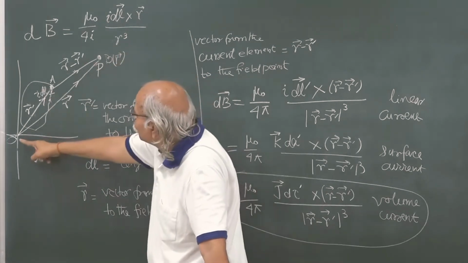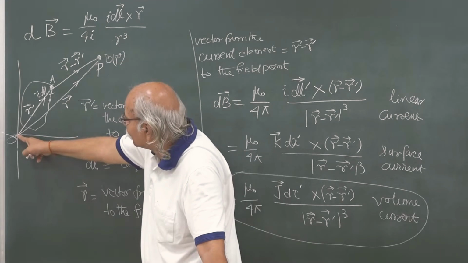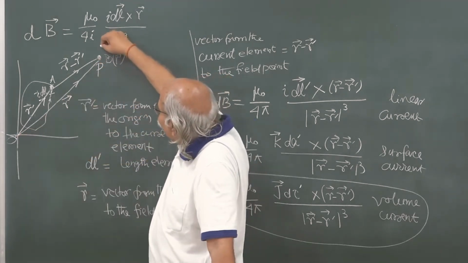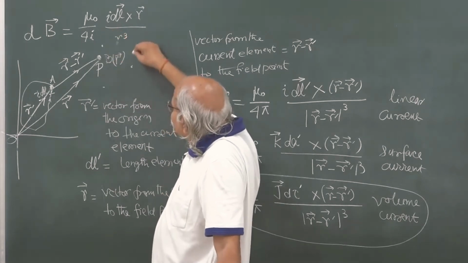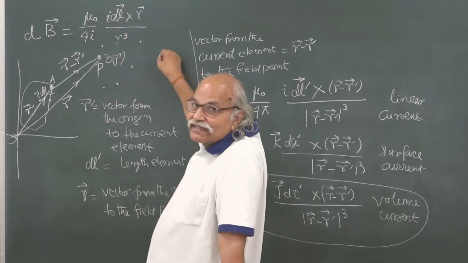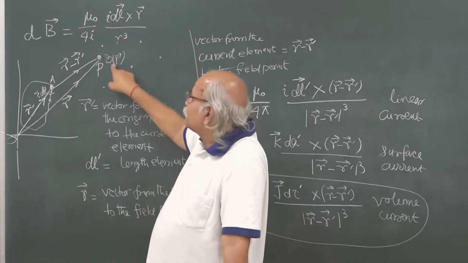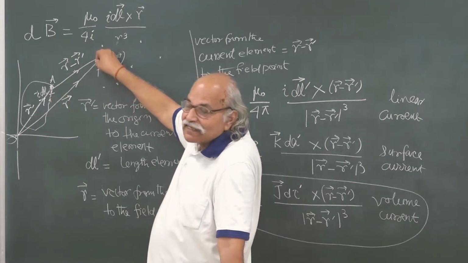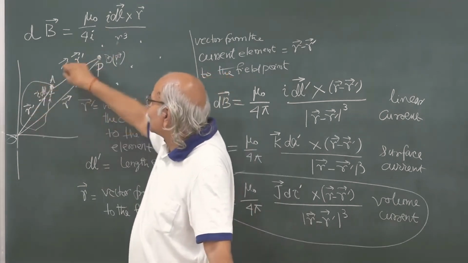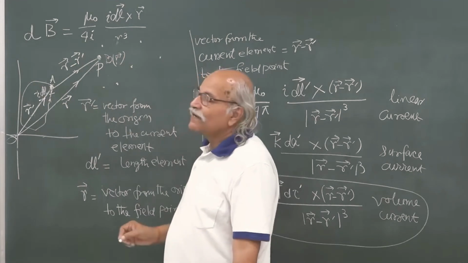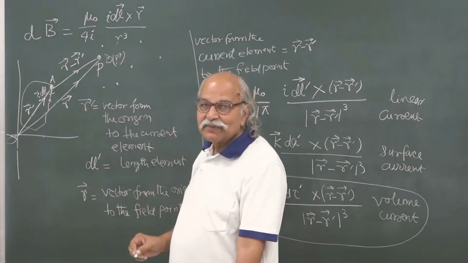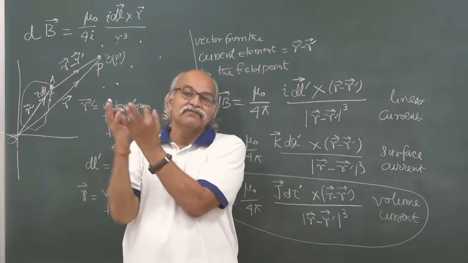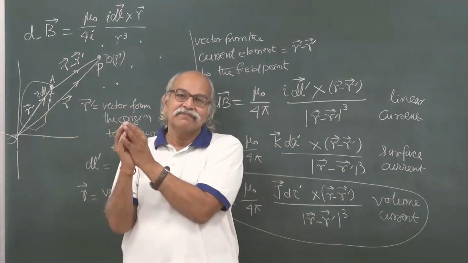This point has position vector r, origin is here, x, y, z axes are there. So, this is position r, and this r can be varied. I can ask what is the field here, what is the field here, what is the field here. So, B is a function of this position r of the field point, the magnetic field due to a given current distribution. It is a vector field, which means at every point in space you have a value of that vector, direction and magnitude.